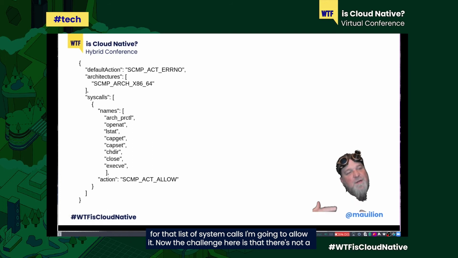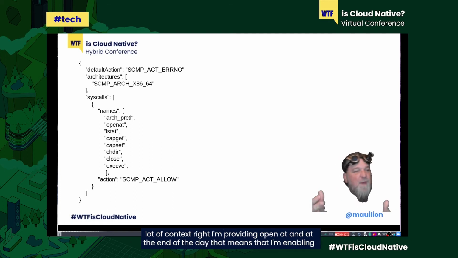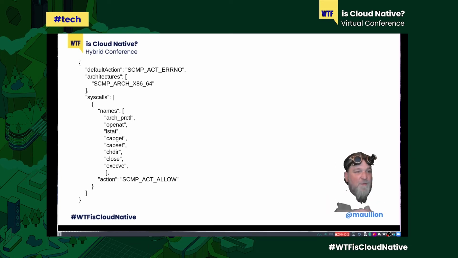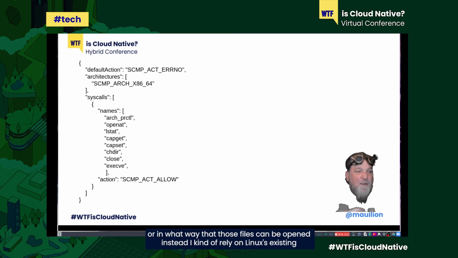Now the challenge here is that there's not a lot of context. I'm providing openat, and at the end of the day, that means that I'm enabling this process to open files. But I'm not being very specific about which files it can open or in what way those files can be opened.